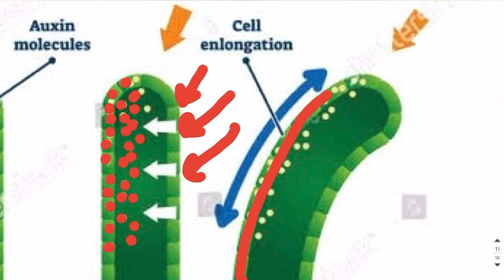So this part will bend, right? And this will lead to the bending of the shoot towards the light. Always remember this point, that if there are two areas, and if, for example, over here, growth occurs in the red area, the bending will be like this.